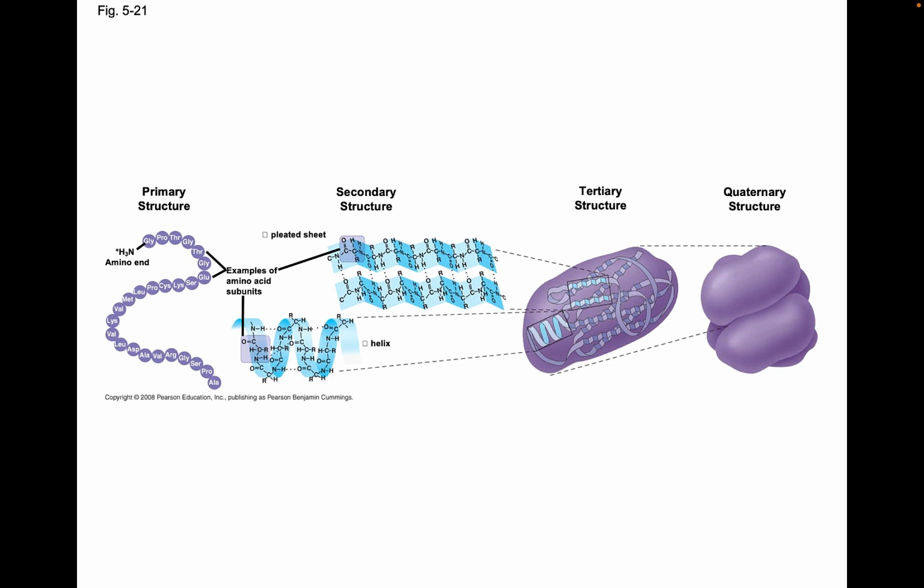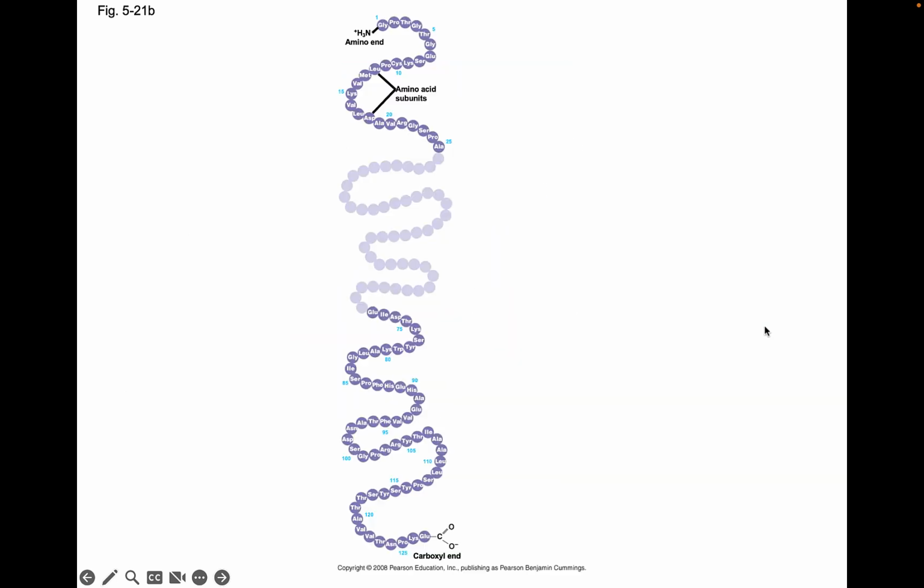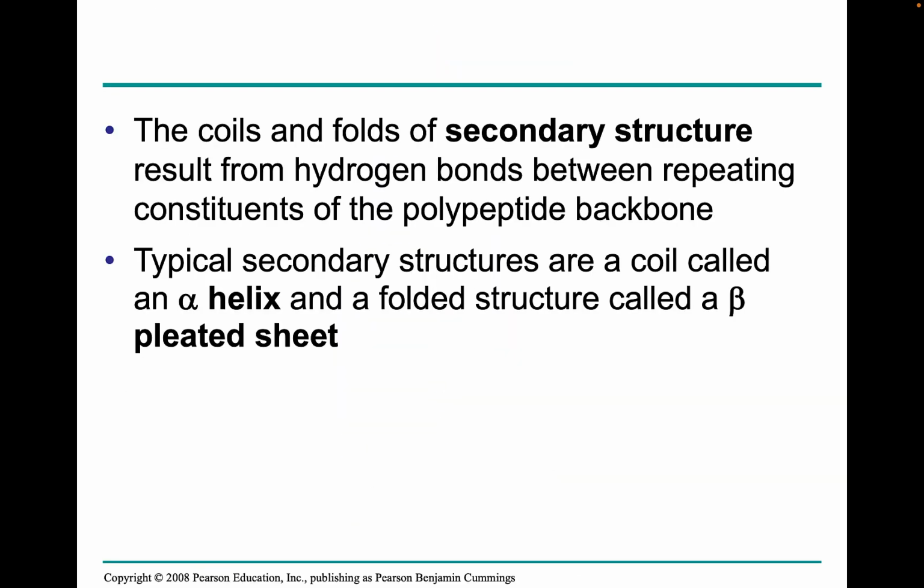And again, that is highly dependent upon the environment, whether it is an acidic or a basic environment, the conditions in the environment. And then if I put some of these polypeptides together, this tertiary structure, we get the quaternary structure. I'm just going to go through that because we talked about that.